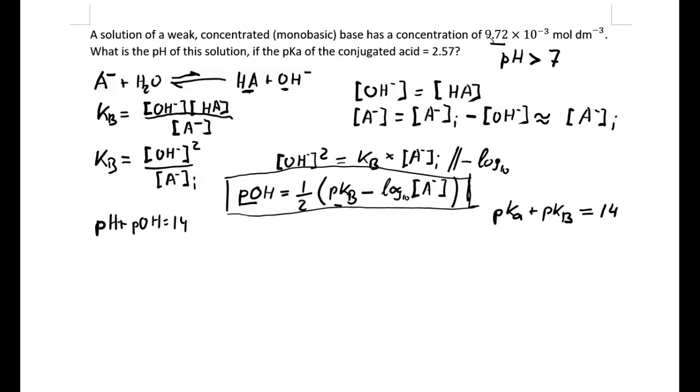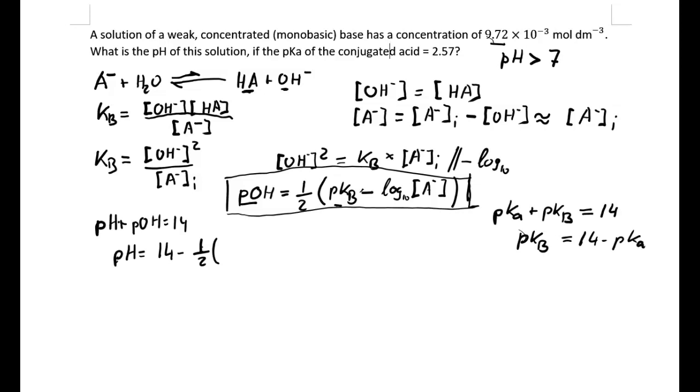So we can write pH equals 14 minus pOH, and instead of pOH I simply write what I've written here: equals 14 minus 1/2 of, and instead of pKb, I can write 14 minus pKa.